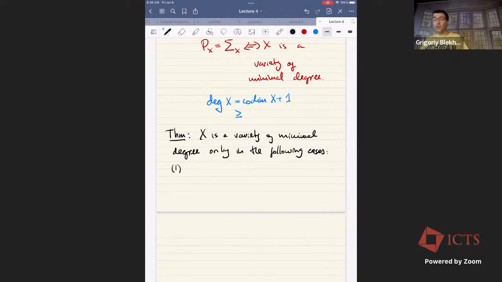Degree of x is equal to codimension of x plus 1. So for a hypersurface, x is a variety of minimal degree only if the degree is 2. In other words, it's a quadratic hypersurface. So one, we have a quadratic hypersurface.